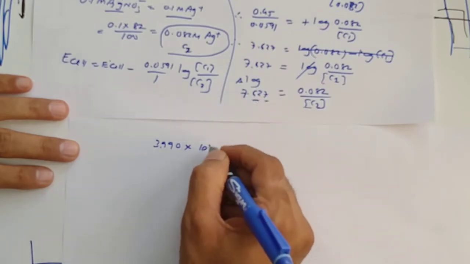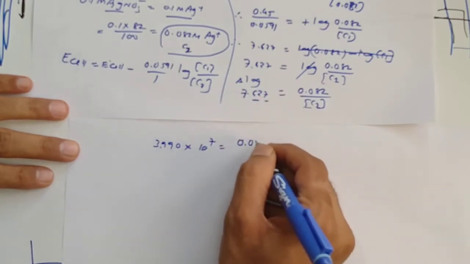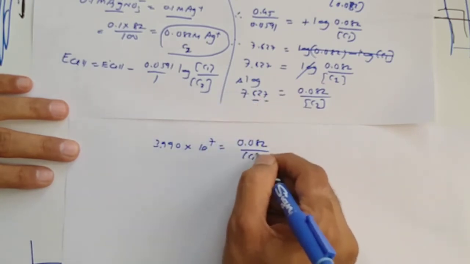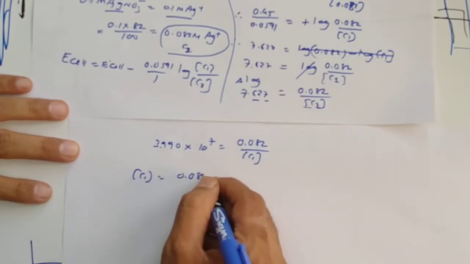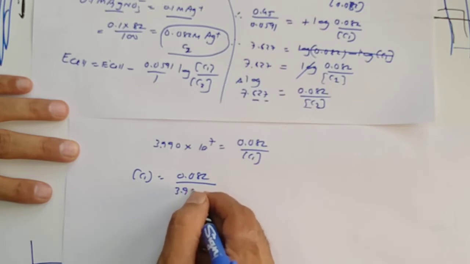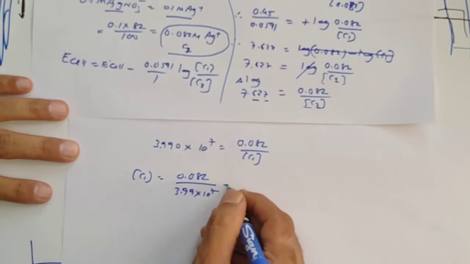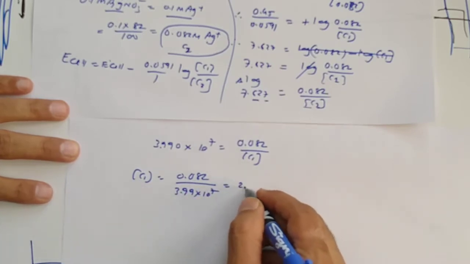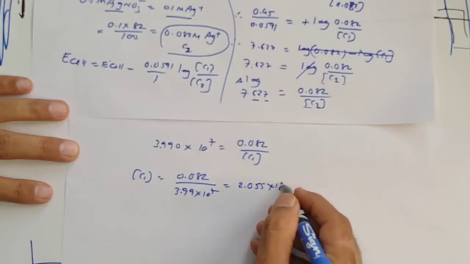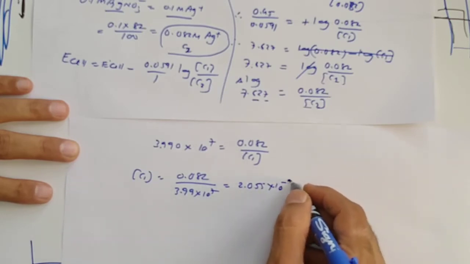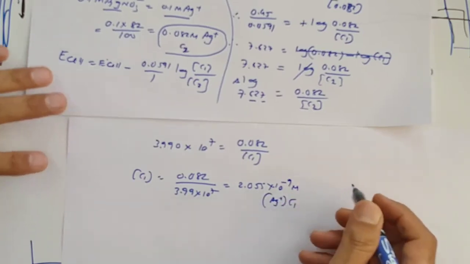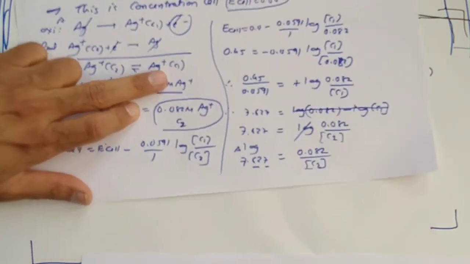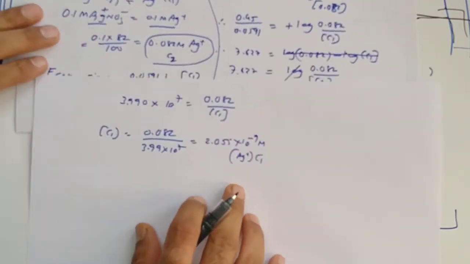Before the point is 7, so 4.23 into 10 raised to 7 equals 0.082 upon C1. So C1 will be 0.082 divided by 4.23 into 10 raised to 7, so 1.9 into 10 raised to minus 9 molarity Ag plus is the derived value of C1.